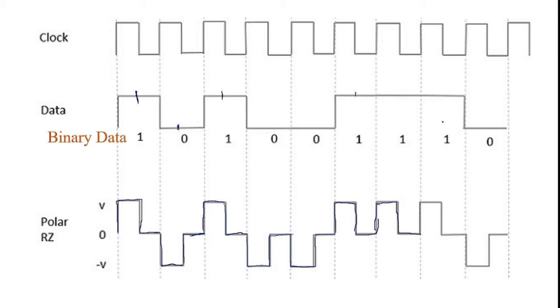And this is high in data. So in this high in data, half of the bit duration remains high, but it immediately returns to zero. And this is low in data. So this is the concept of polar return to zero.